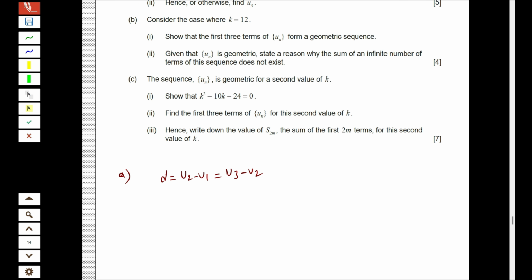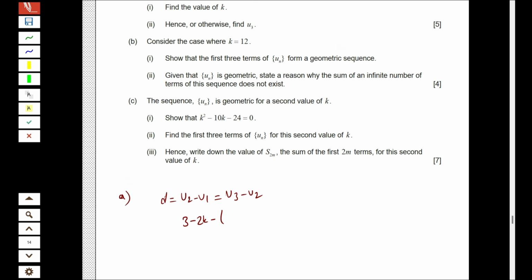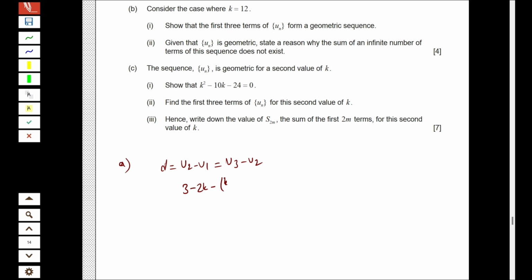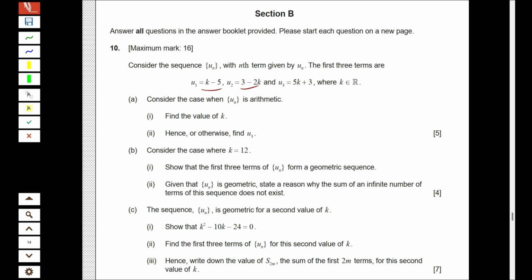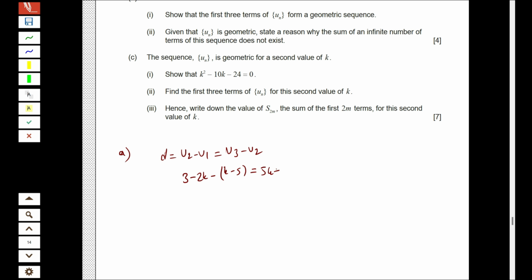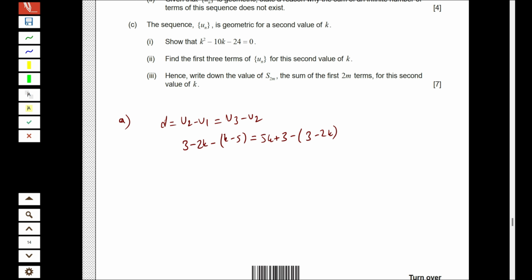u2 is 3 minus 2k, minus u1 which is k minus 5, equals u3 which is 5k plus 3, minus u2 which is 3 minus 2k. From here we can write 3 minus 2k minus k plus 5 equals 5k plus 3 minus 3 plus 2k.